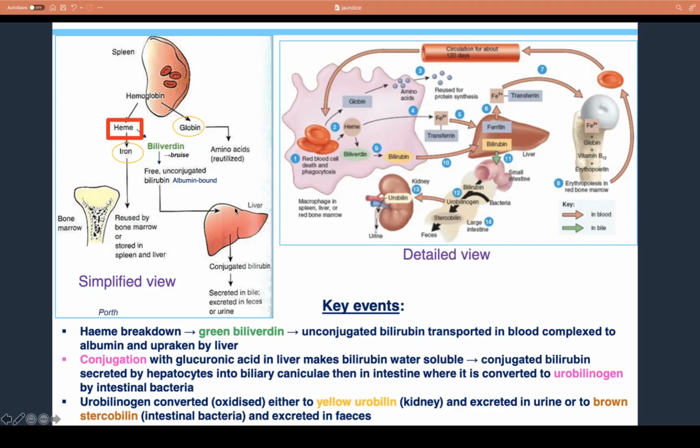Here, it goes through a special process called conjugation with glucuronic acid. And this process makes it water soluble. And that's a very important aspect because we'll talk about why it is. And this is secreted by the bile and then excreted in our feces or urine ultimately.